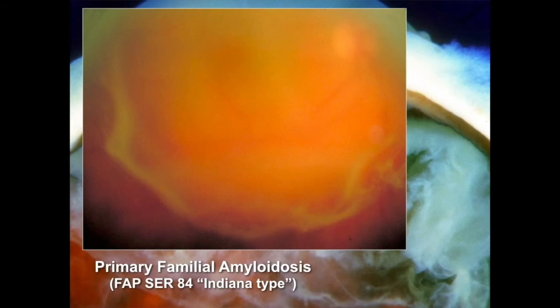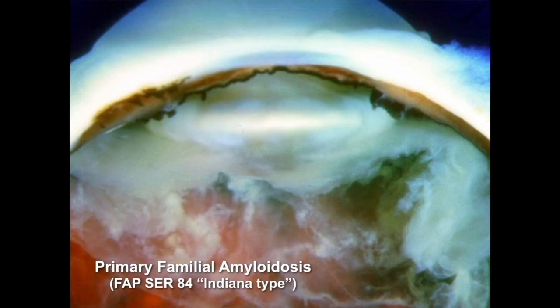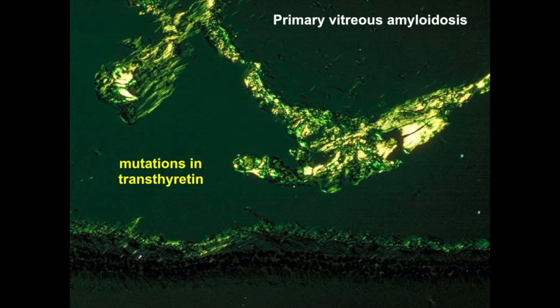This is a fundus photo from a patient with the Indiana or serine 84 type of familial amyloidosis. This is the postmortem eye. Again, the patient had had a prior vitrectomy, but there's certainly a lot of amyloid left. Histopathology shows the detached apple green amyloid material.